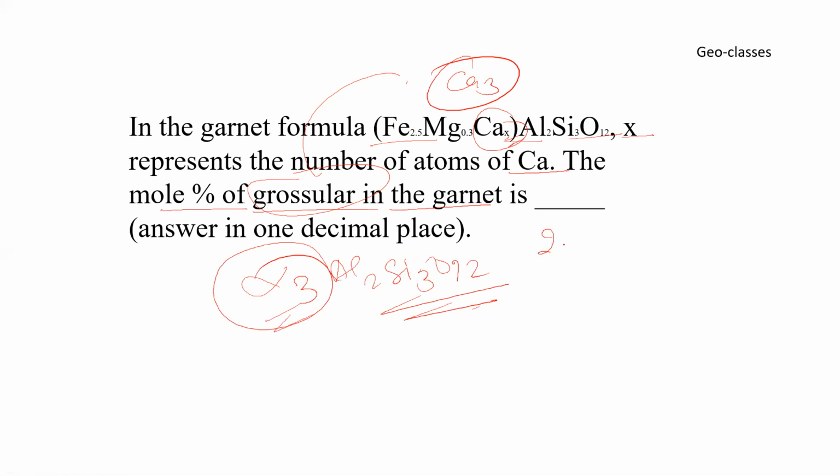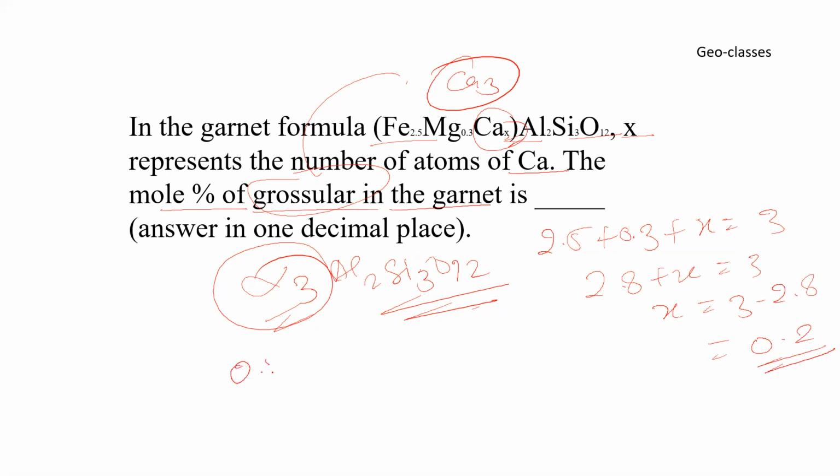So we'll see 2.5 plus 0.3 plus x has to equal 3. So this becomes 2.8 plus x equals 3, and x equals 3 minus 2.8, which is equal to 0.2. So the number of moles at x has become 0.2, and you have to calculate the grossular percentage in this formula.